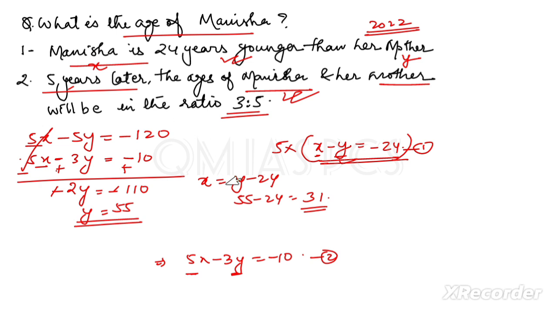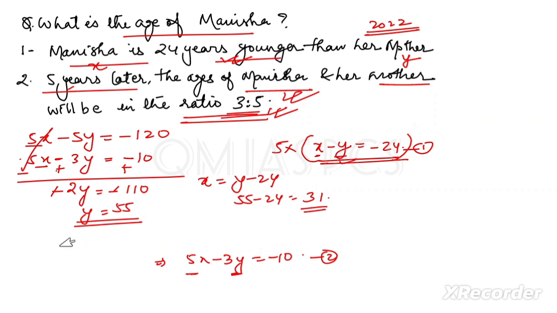This much we solved just to show you that we can find the answers. Whenever the ratio is given, it is clear we will find one equation based on this statement, and one equation from the other statement.